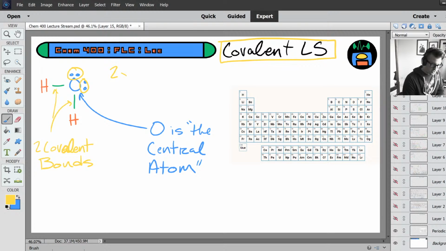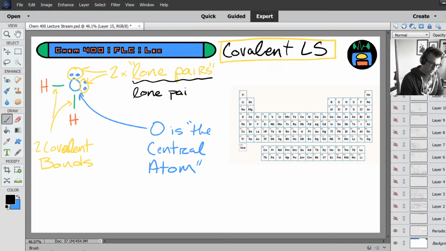So we would say that we have 2 lone pairs here and here. And this is just short for lone pairs of electrons.